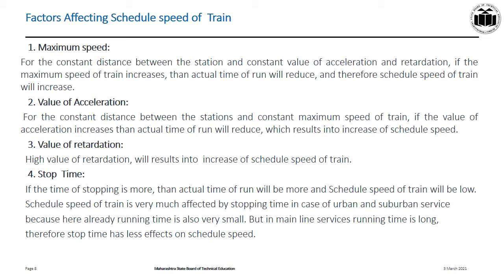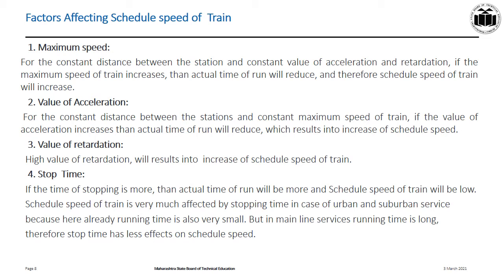For the constant distance between the two stations and constant value of acceleration and retardation rate, if the maximum speed of the train increases, then the actual time of run will reduce and therefore schedule speed of the train will increase.